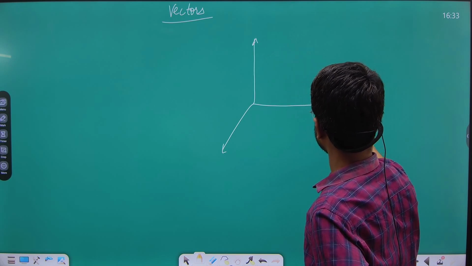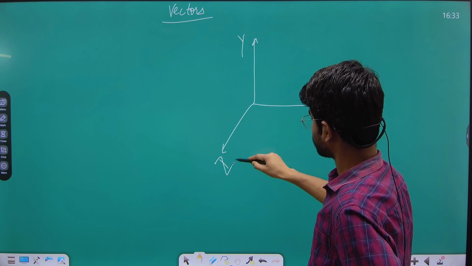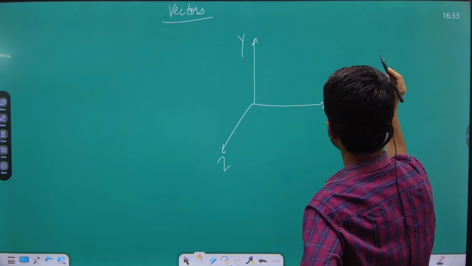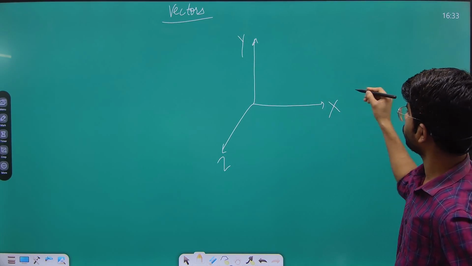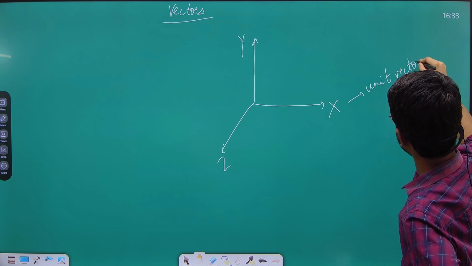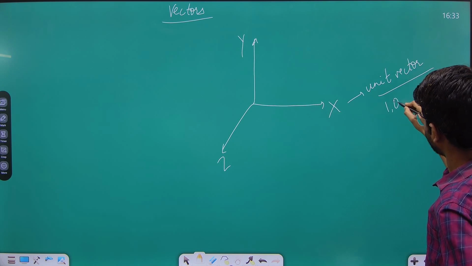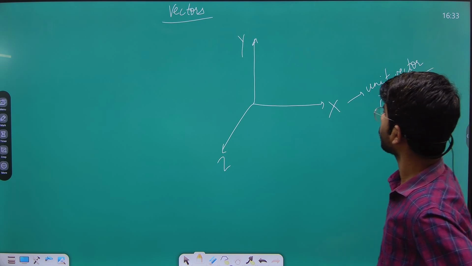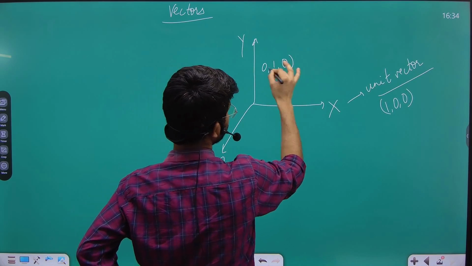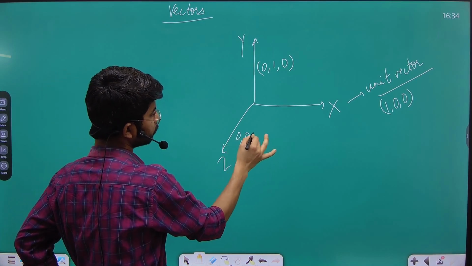Suppose this is your x-axis, this is your y-axis, this is your z-axis. For the x-axis the unit vector in 3D space was represented by 1 0 0. For the y-axis it was represented as 0 1 0. For the z-axis it was represented by 0 0 1.